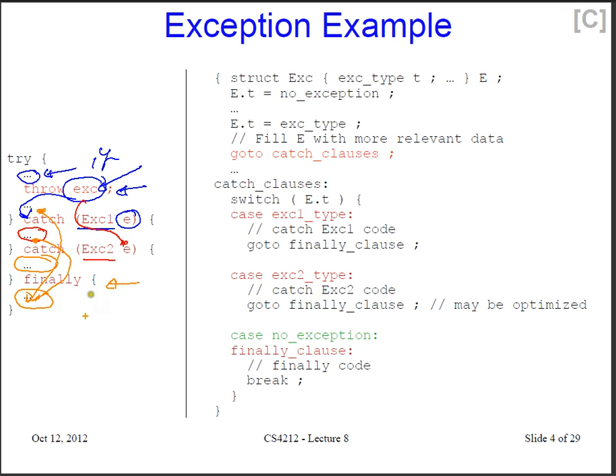Notice that you might think that placing the code in finally would be the same thing as placing it here, but it's not, because if the exception that is thrown here is of type exe3, for instance, which is not represented here, then neither of these guys would match. This doesn't match, this doesn't match.